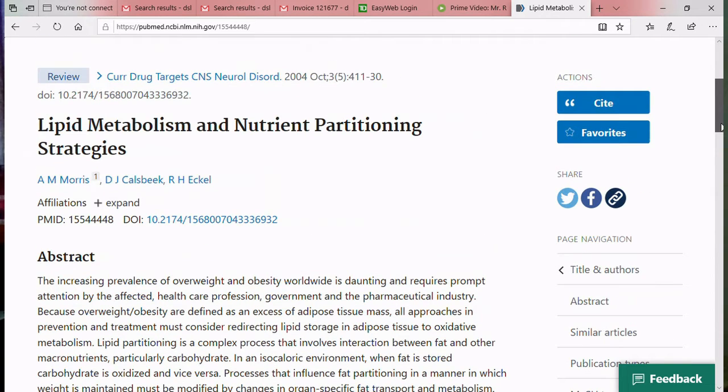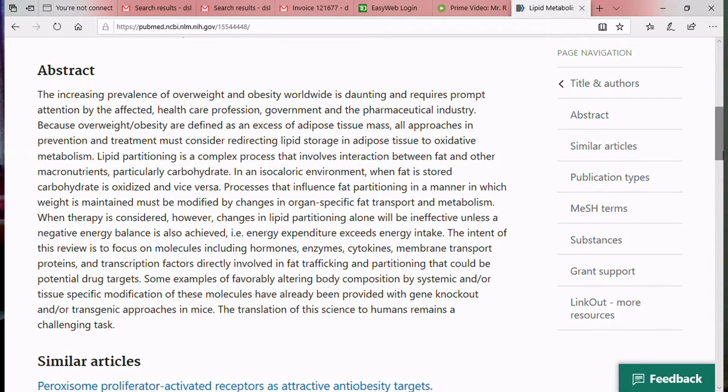I want to read this abstract. Lipid metabolism and nutrient partitioning strategies. The increasing prevalence of overweight and obesity worldwide is daunting and requires prompt attention by the affected healthcare profession, government, and the pharmaceutical industry.